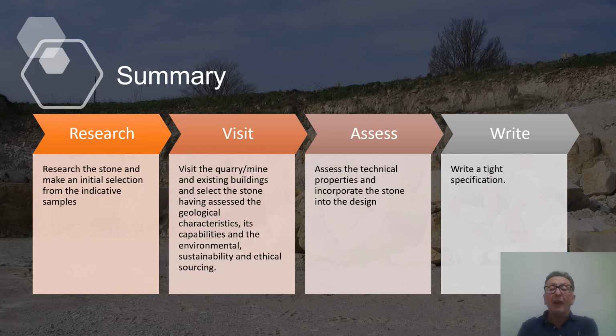Wherever possible, visit the quarry or mine and look at existing buildings and select the stone with a good knowledge of the general geological characteristics and capabilities that it will have, and environmental sustainability and ethical sourcing credentials.